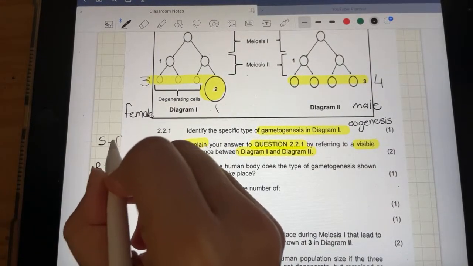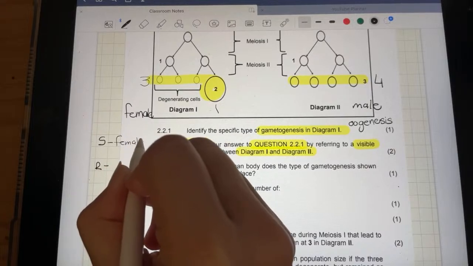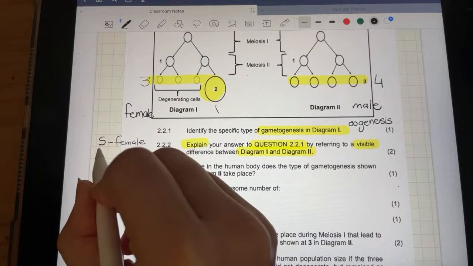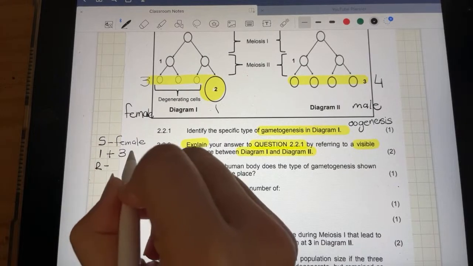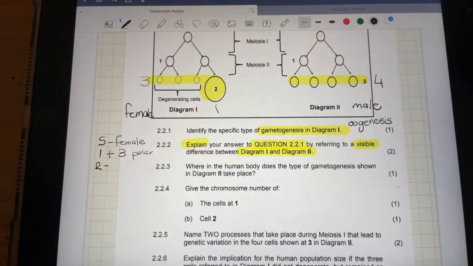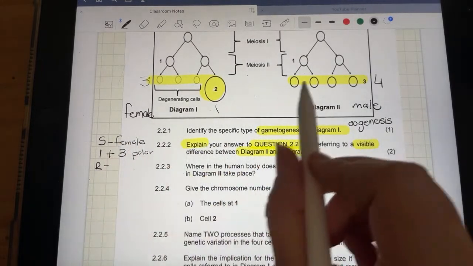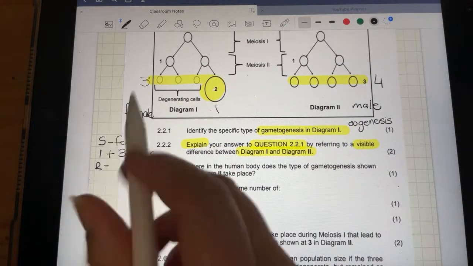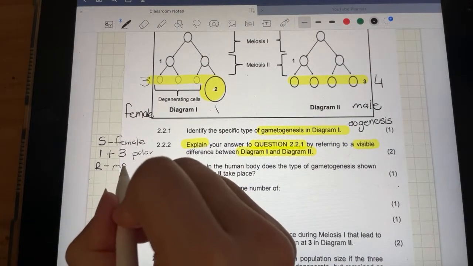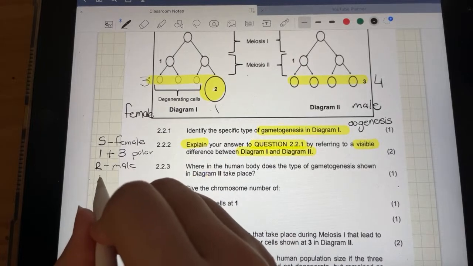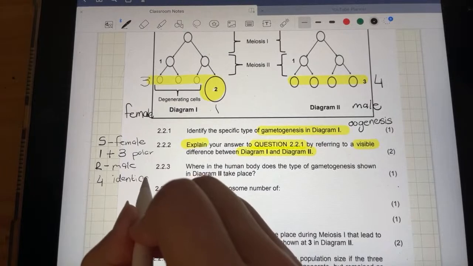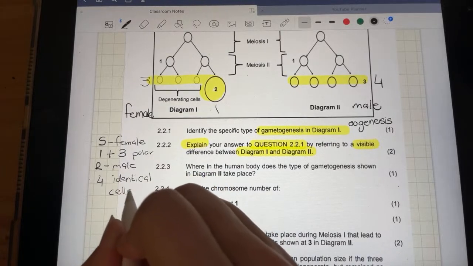So my statement will be something like, females produce 1 ovum and 3 polar bodies, right? Males, as my contrast or my reasoning, on the other hand, produce 4 identical cells.